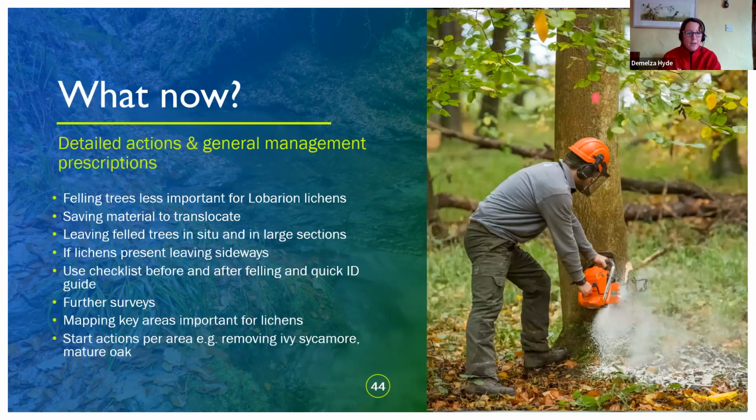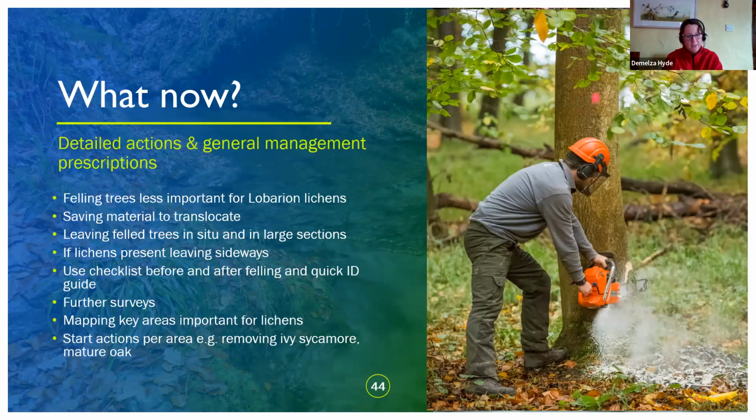So what now? We have a very detailed list of actions. We also have some things that we can do on a wider scale. So we are reviewing and rewriting our woodland management plan based on that advice and using those documents that Dave has referenced. We have started felling the trees which are less important for lichens whilst we wait for our license for translocation.